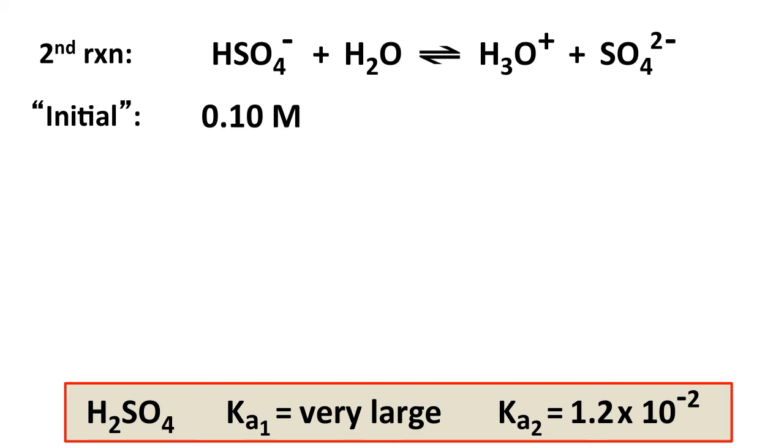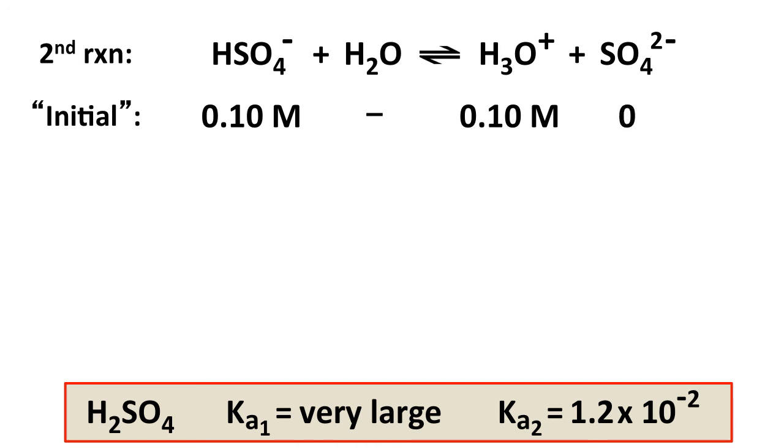And our initial for the second dissociation is going to be the final from the first dissociation. We pick up where we left off, in other words. And we saw in the previous calculation that we ended up with 0.1 molar HSO4 minus, so that's our starting point for this. And unlike in previous monoprotic acid calculations, the initial H3O plus is not 0. In this case, we ended up with 0.1 molar H3O plus at the end of the first dissociation, so that's our starting amount for the second dissociation.